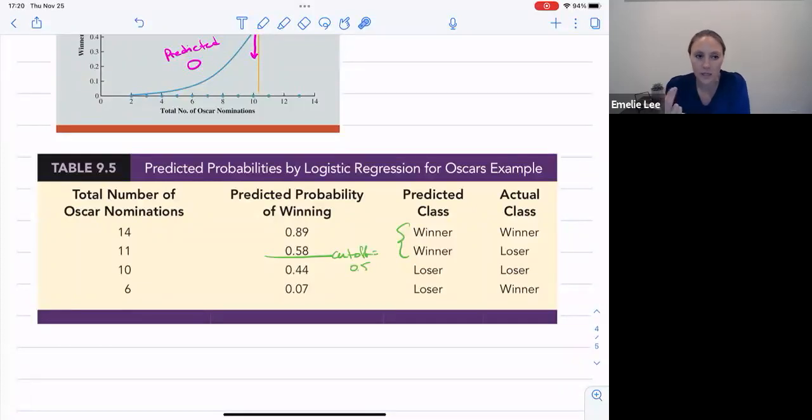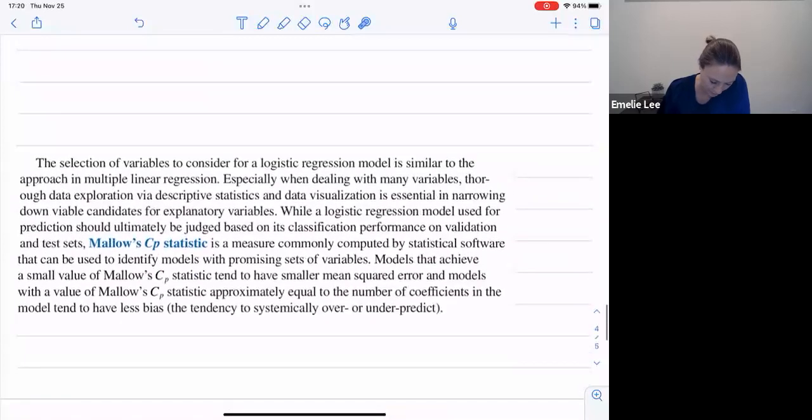But from here, we would compare the predicted classification to the actual classification using methods from section 9.2, right, from last day.